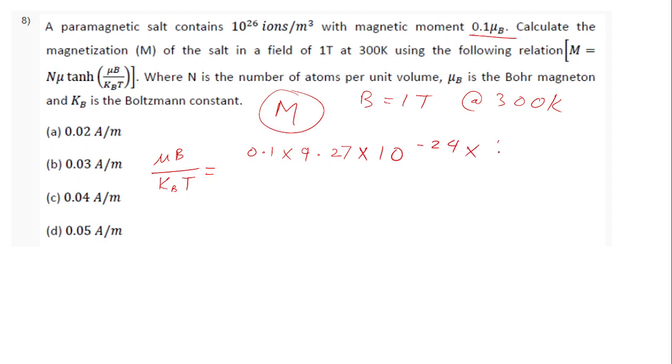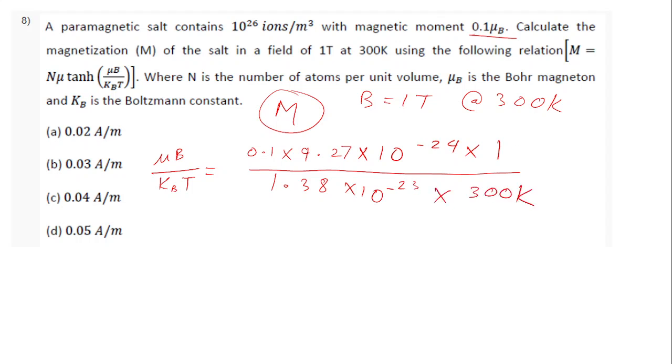Magnetic field is 1 Tesla. Again, here they are saying the field is 1 Tesla. Maybe it's the induced field also, as a response of the property. But anyway, it's in Tesla, so it's B. And then Kb, Boltzmann constant, will be 1.38 times 10 to the power minus 23. And the temperature is 300 Kelvin.